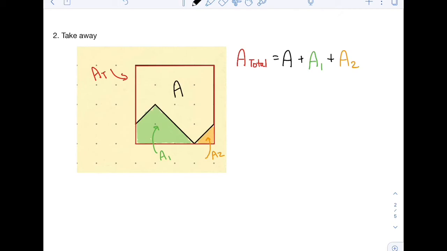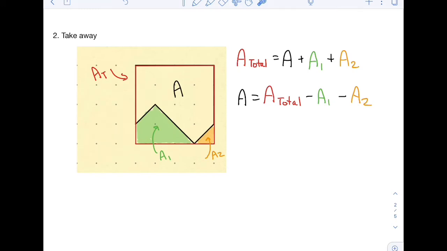But this means that I can find the area of my unknown given shape by subtracting. So if I subtract away from the red total area the green area and the orange area, I'll be left with my original area. So again, I'm taking this new area and subtracting away the green and the orange areas that I added in, and that'll leave me with my original area.